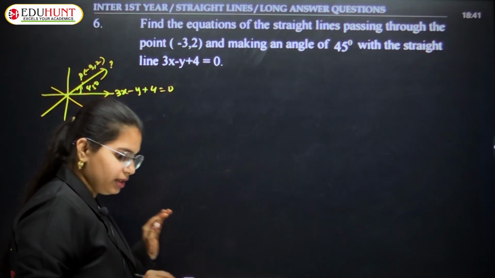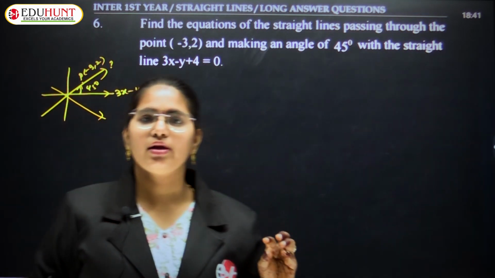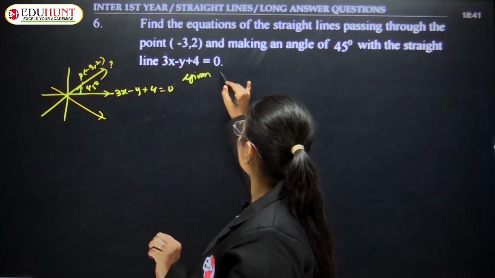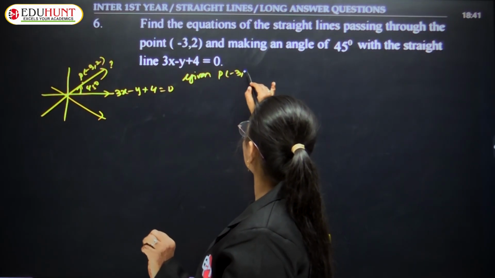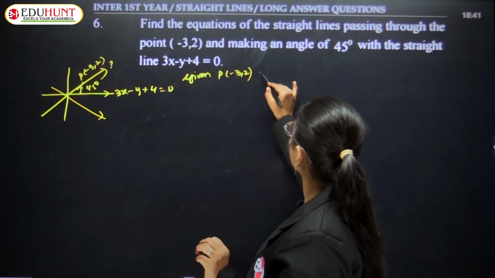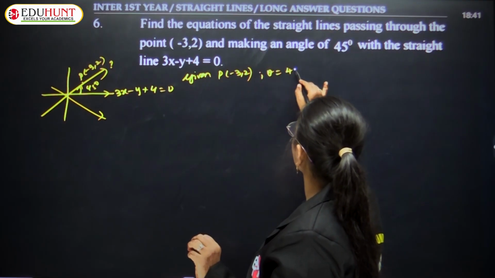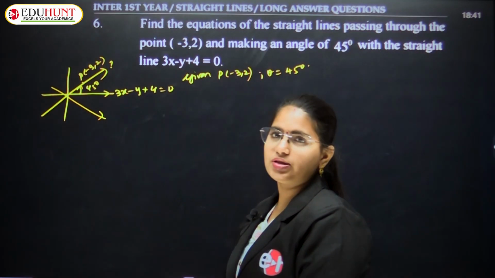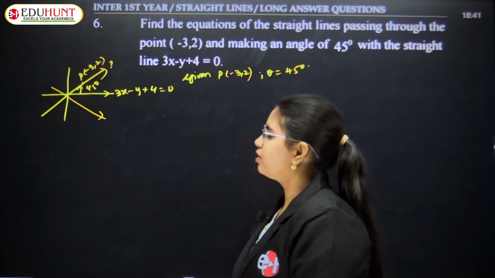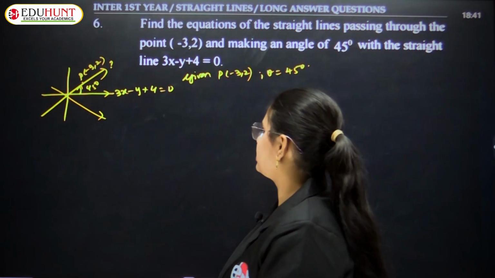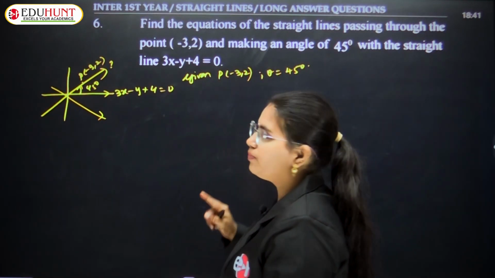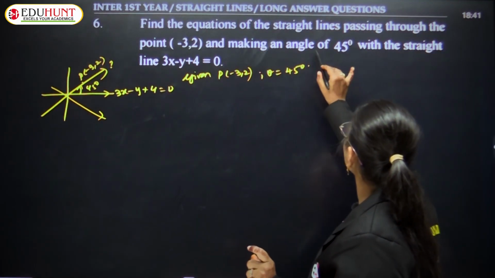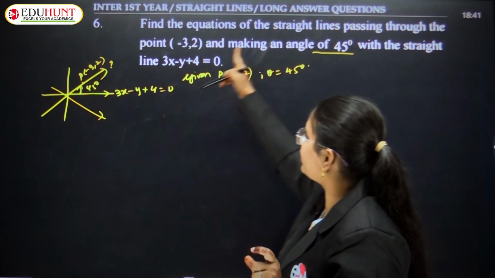So first, let us write what is given here. Given P(-3, 2) and theta is equal to 45 degree. How will we be solving this question? This angle, between what is this angle? It is making an angle 45 degree with the straight line.